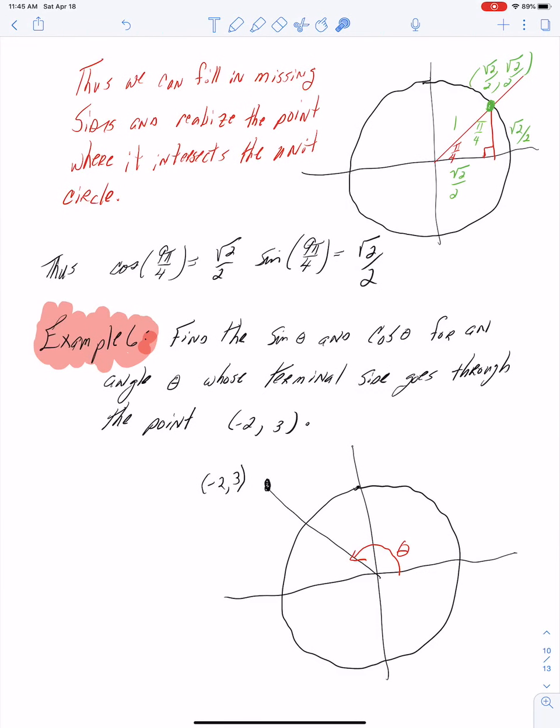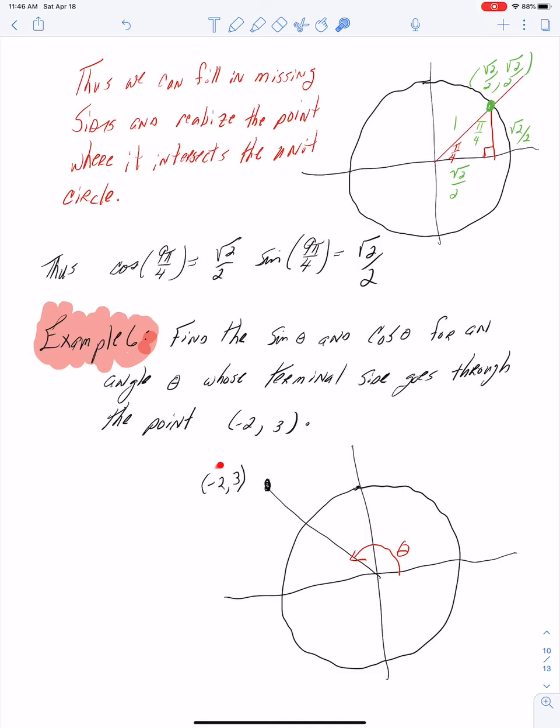All right, the last little game we're going to play is this. Instead of giving you the angle, I'm going to give you the terminal side. Well, the terminal side is enough to figure out what that point is. So let's look at this little fun thing. Find the sine of theta and the cosine of theta for an angle theta whose terminal side goes through the point minus 2, 3.